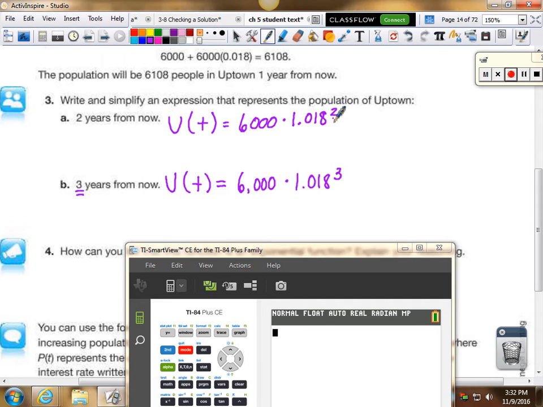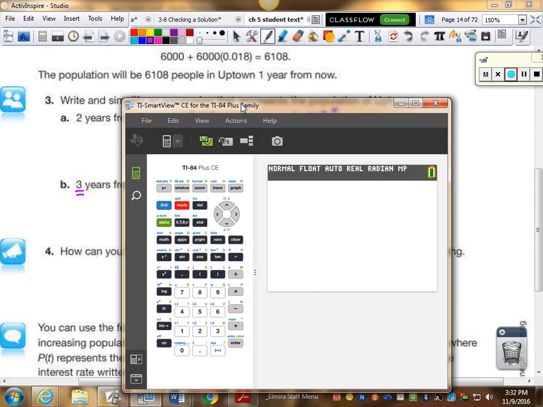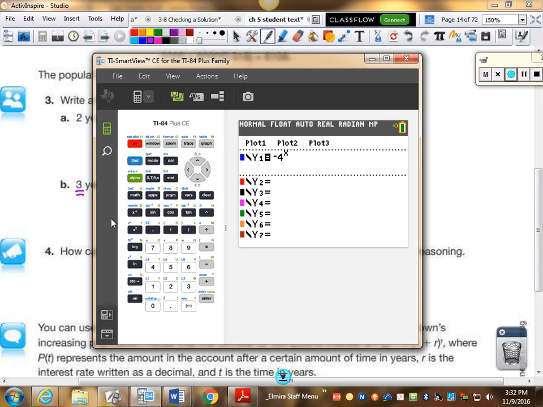You have to write the equation with 2 subbed in, and with 3 subbed in. So instead of typing that in over and over again, you can use the table feature on your calculator. Times 1.018 caret x. Remember to put an x in because we're going to use a table.